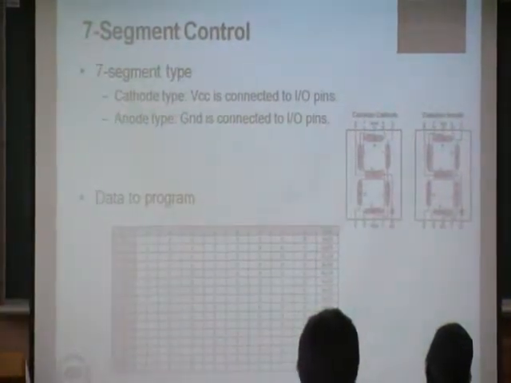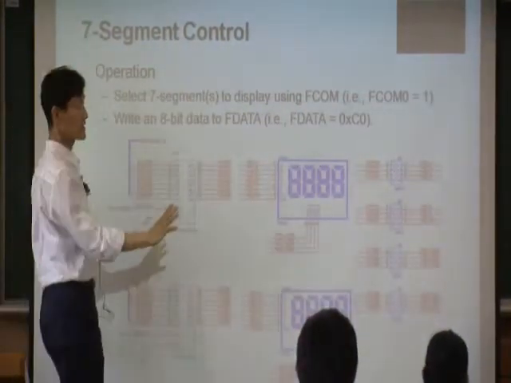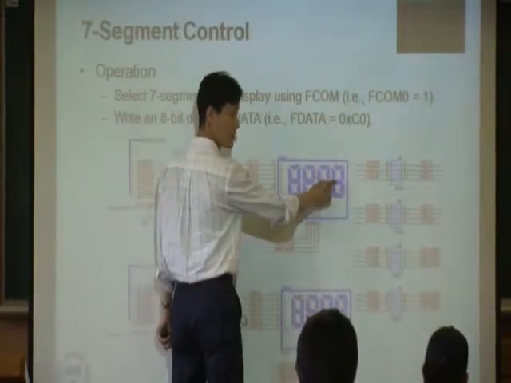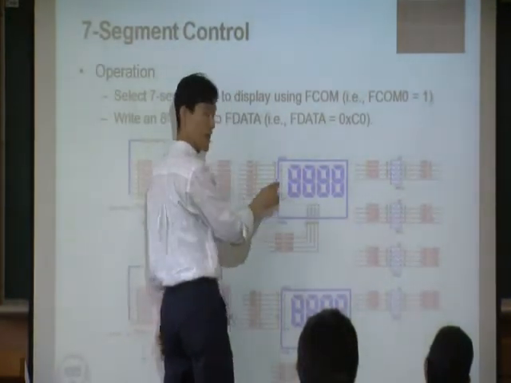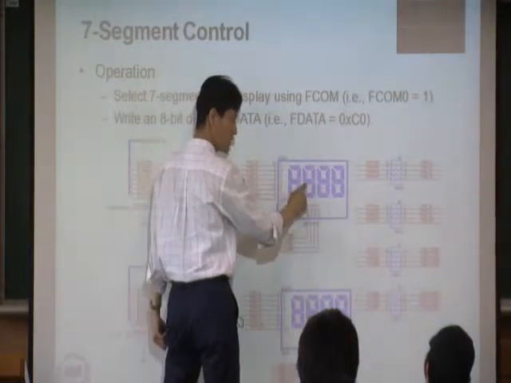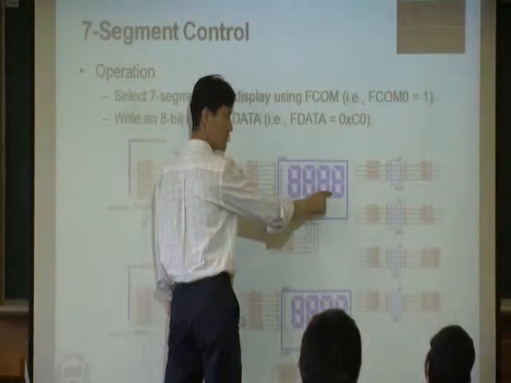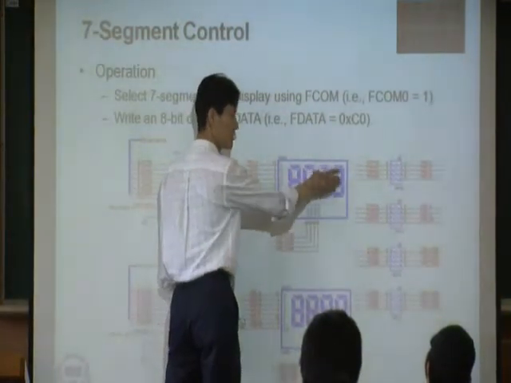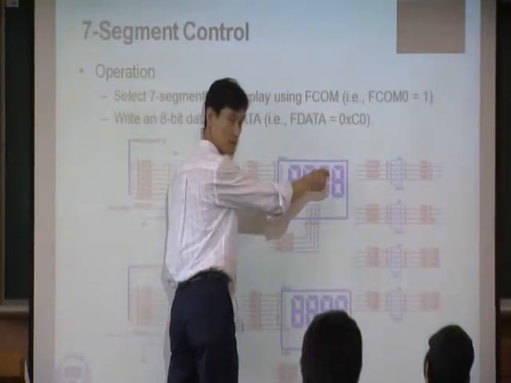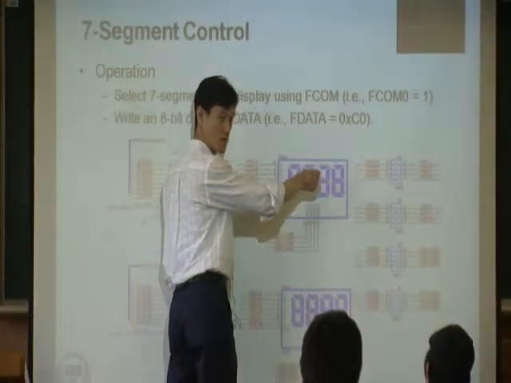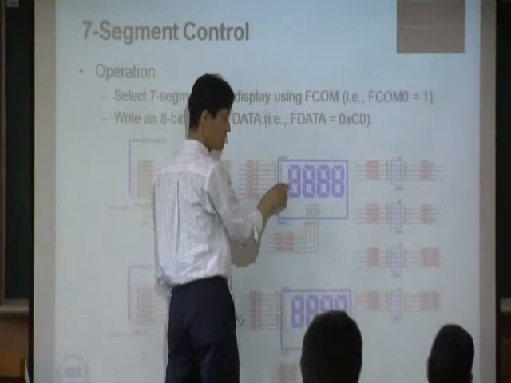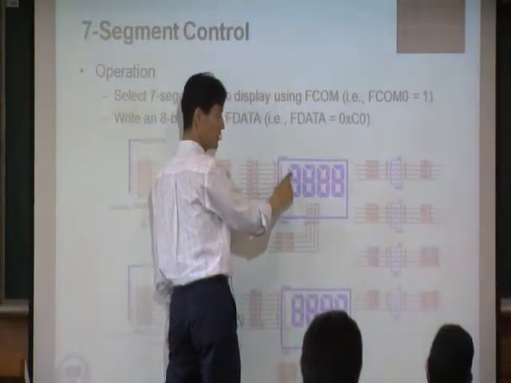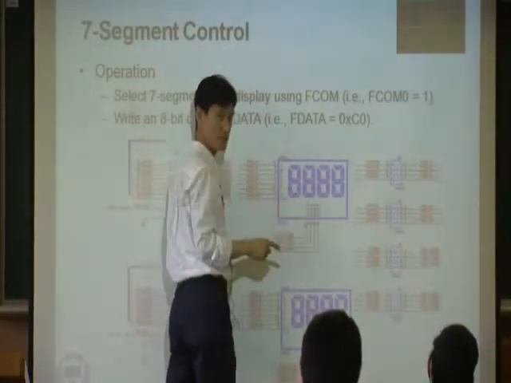So if you have 4 7 segments, then this one you need 8 pins, this one you need 8 pins, another 8 pins, another 8 pins. You need 8 pins for each of them, right? That way you can write some number, for example, 2, 3, 1, 5.